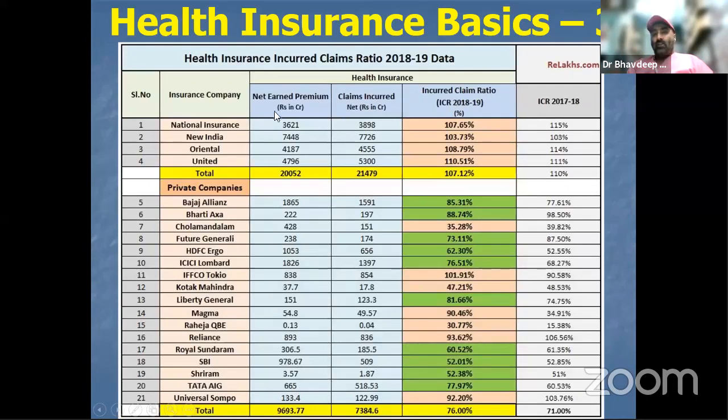The incurred claim ratio is in proportion to what the company has earned from the total policies in premium, not the number of policies, it is in the amount, rupees in crores, and what they have given back to you. You applied for a claim. Obviously, the premium is not concomitant with the claims.